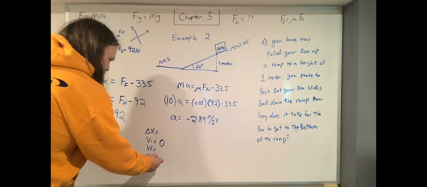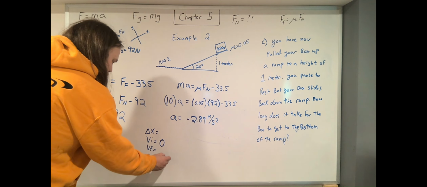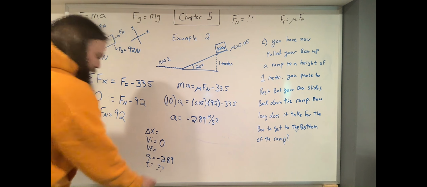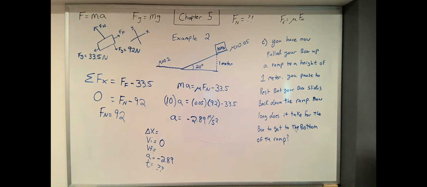Acceleration, we do. That is minus 2.89. And time is the thing that we're looking for. All right, so I'm missing something, right? It didn't state how fast the box was going to come crashing down at the bottom. I don't have a way to solve for velocity with forces right now, so that's not going to work.